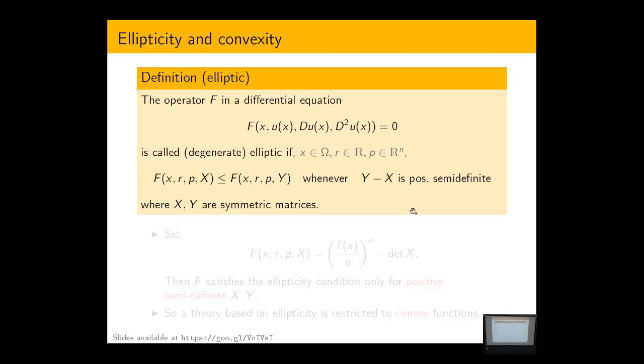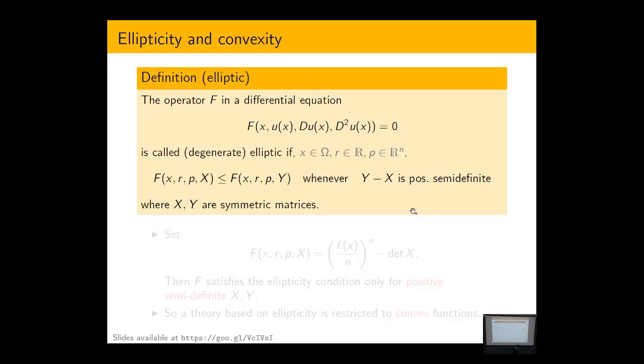In fact, we say that a differential operator F, so we plug in here our derivatives and so on, is elliptic for us if, in the position where we put in our Hessian, we have monotonicity. So if we take our dummy Hessian X and our dummy Hessian Y, so that Y minus X is positive semi-definite, which says that Y is in some sense larger than X, then F of X is less than F of Y. So you have a monotonicity in the Hessian.